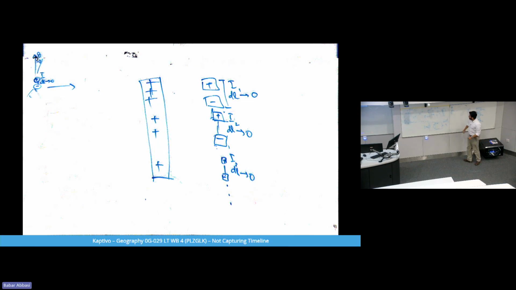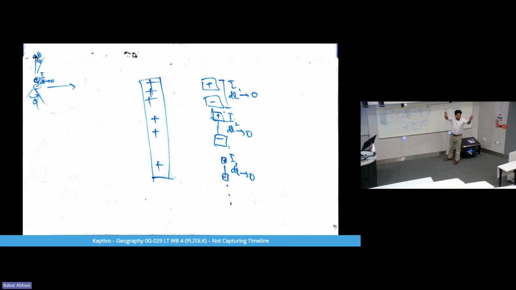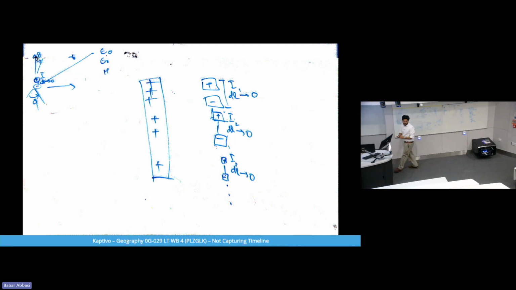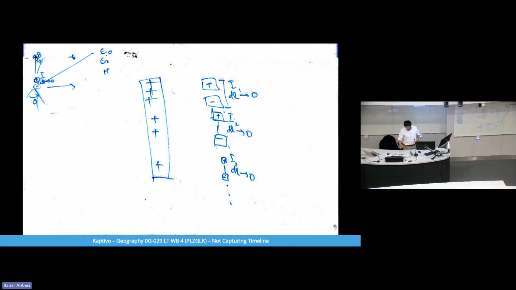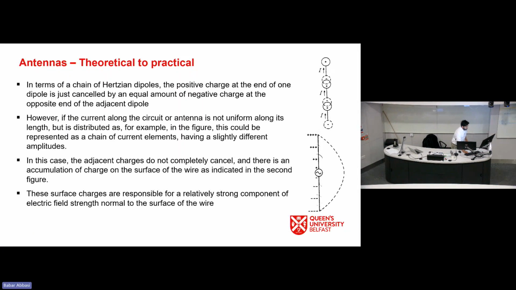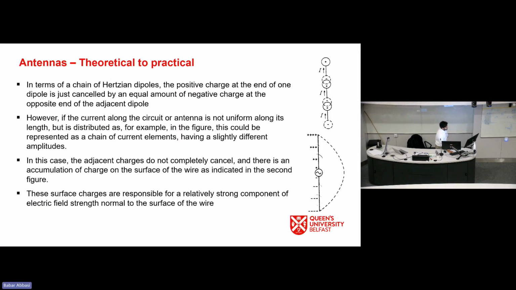Then at any given point in free space, at a distance r from this, we have an accurate equation that can demonstrate what is E theta. We have an accurate equation that can define what is E r. Okay, and we have similar equations for H for the other perpendicular coordinate as well. Very accurate equations.